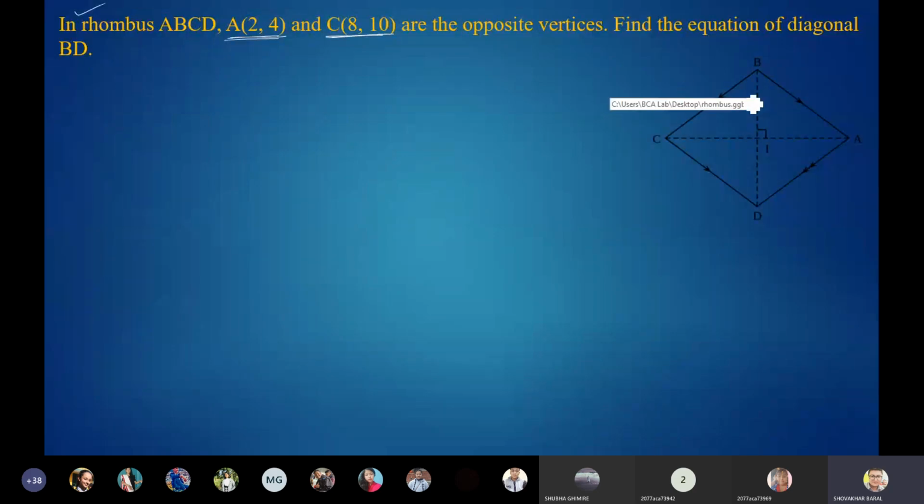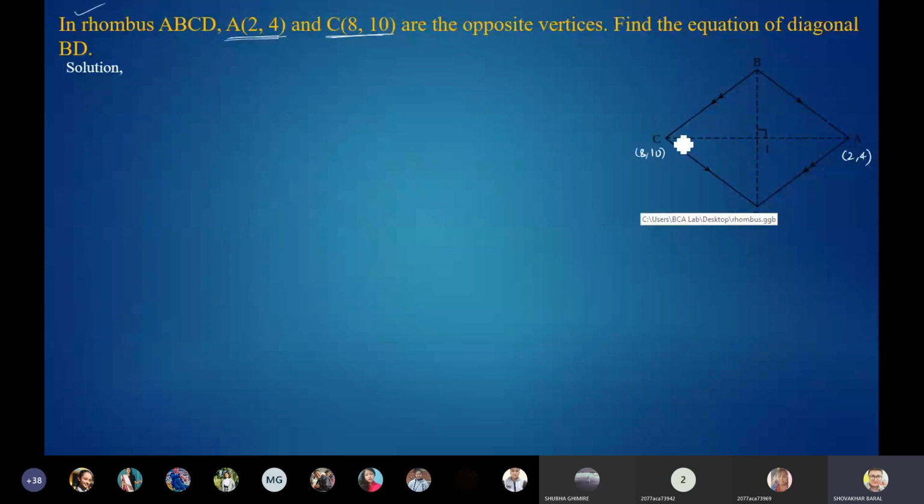Okay, this is the rhombus ABCD. Suppose the coordinates are A(2, 4) and C(8, 10), and we are going to find the equation of the diagonal BD.